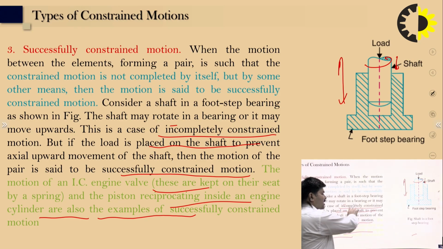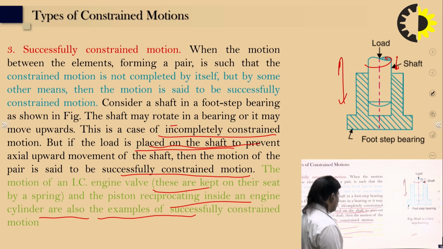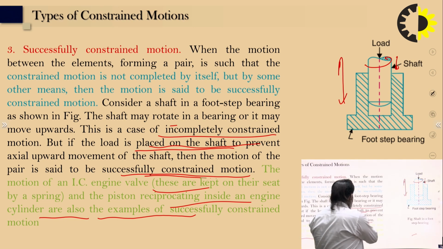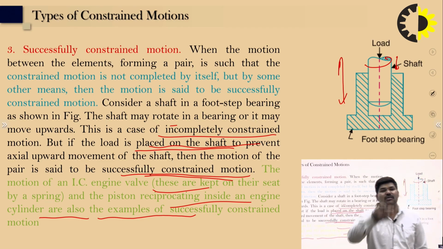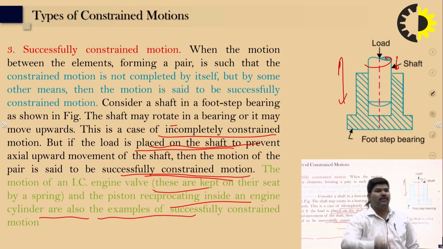This is the case of incompletely constrained motion. But when you apply an external load on the shaft to prevent the axial upward motion, the motion of this pair is said to be successfully constrained motion. So we can restrict one motion by applying external forces.